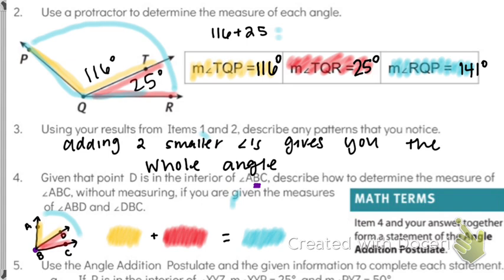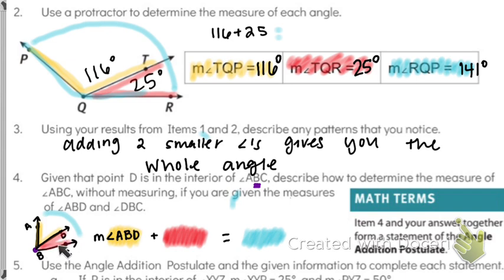Let's look at this yellow angle right here. The first thing you're going to do is, remember, we're working with measurements, so I do want to have M, the measure of angle, and then you're going to give that yellow angle a name. Look at the three letters that are used in that yellow angle. We have A, B, D. So angle A, B, D. Plus, let's look at this one right here at the bottom.